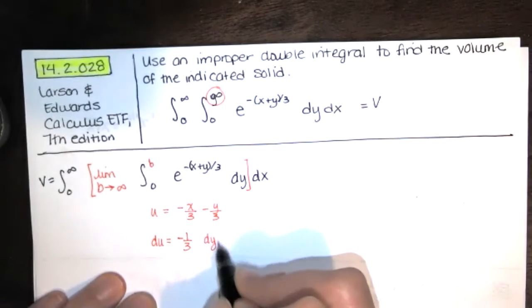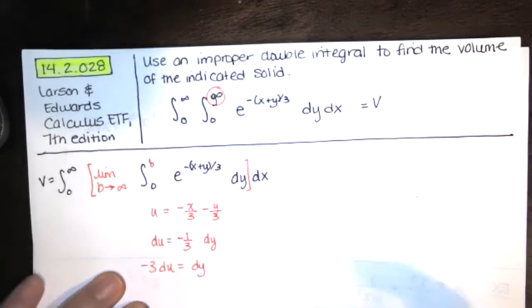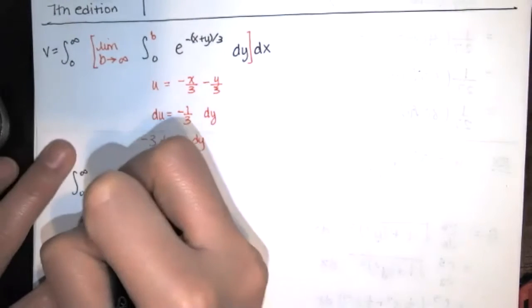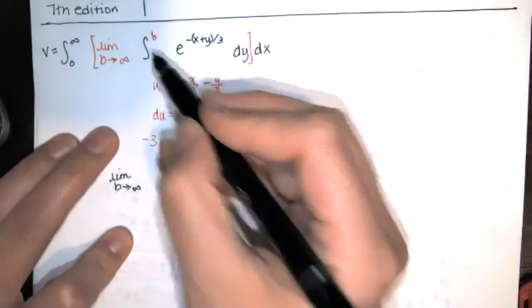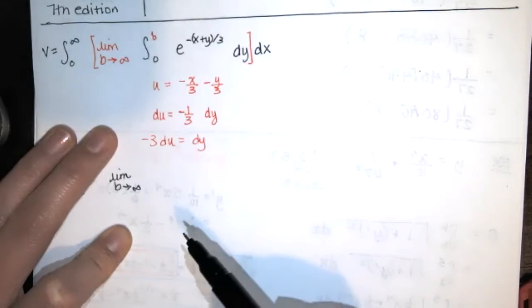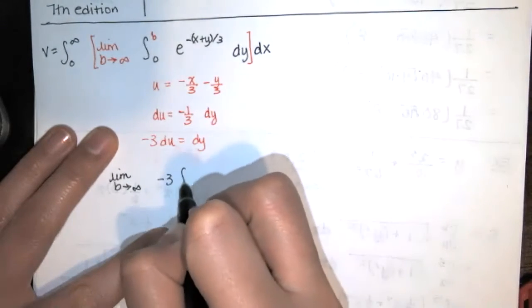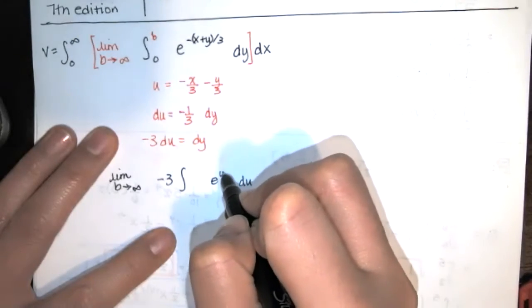So if I want to get dy by itself, I'll just multiply both sides by -3. And now I have the integral from 0 to infinity of this. If I want to write everything in terms of u, this dy is -3 times du, and this is e to the u by design.